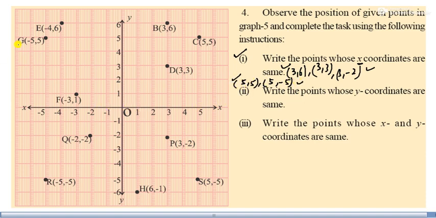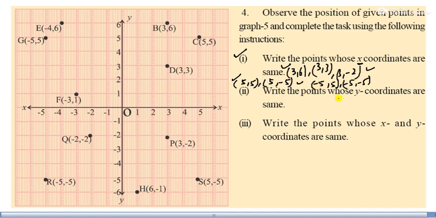Third pair is (-5, 5) and (-5, -5). This pair also has equal x coordinate.